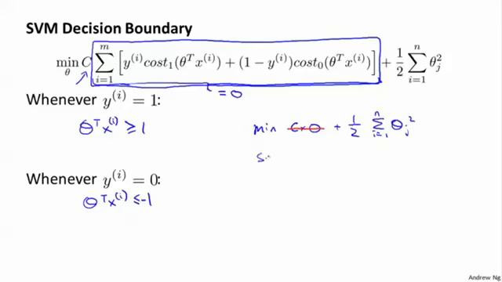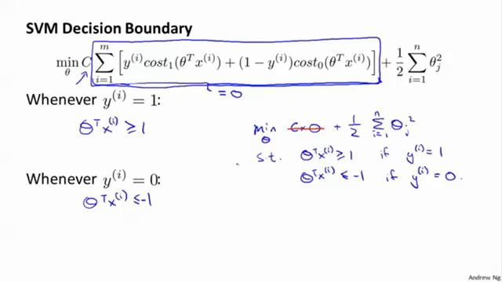And this will be subject to the constraint that theta transpose x(i) is greater than or equal to 1 if y(i) is equal to 1, and theta transpose x(i) is less than or equal to -1 whenever you have a negative example.